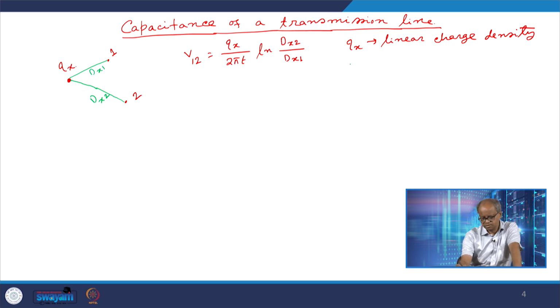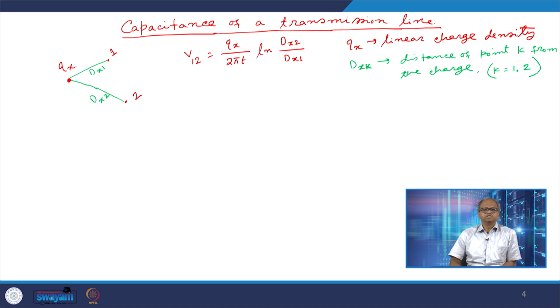So dxk, I can say, is the distance of point k from the charge, where k is equal to 1, 2.